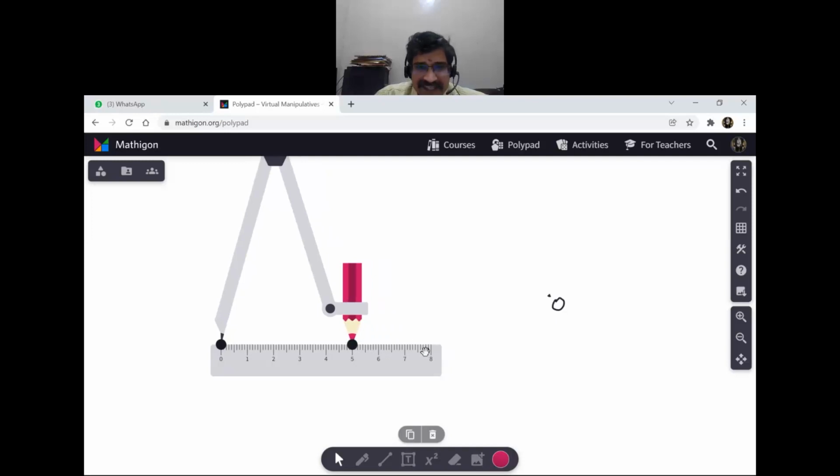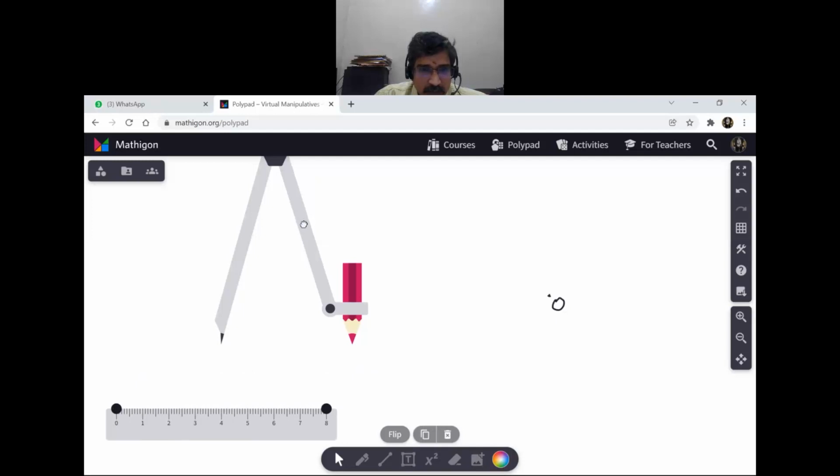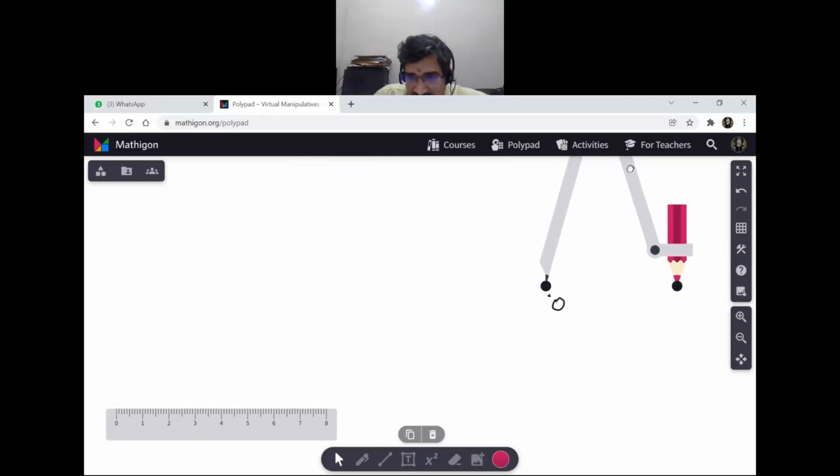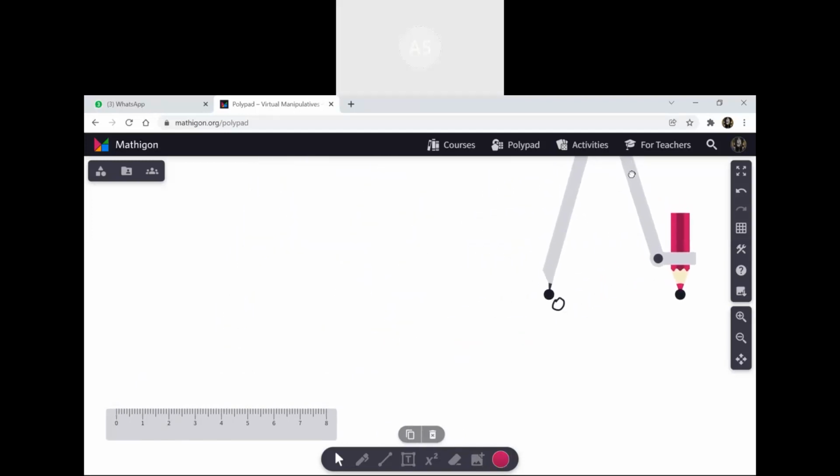I took 5 centimeters, right? Then I keep the ruler aside, and take the compass to the center of the circle. I take the pointer on it. Pointer means the metal end on the O.